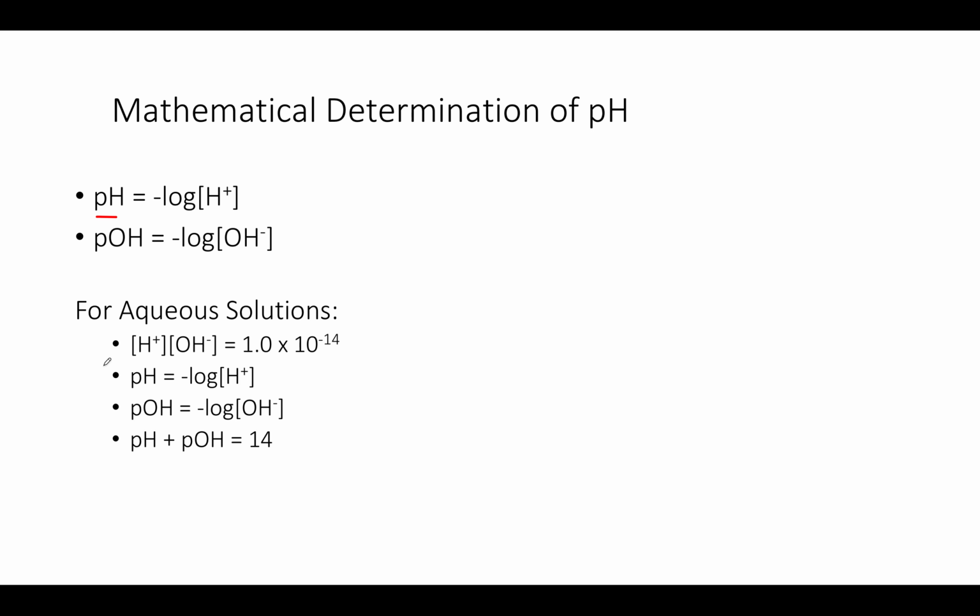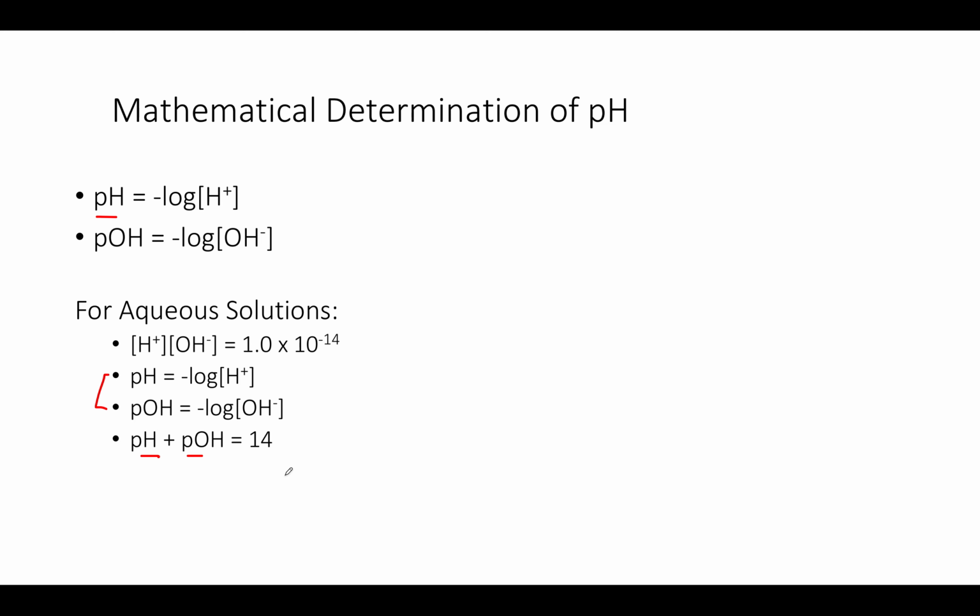Now, for aqueous solutions, there's a couple of things that we can state. Like I said, the pH equals the negative log of the hydrogen ion concentration, and the pOH equals the negative log of the hydroxide ion concentration. It can also be said that the pH plus the pOH equals 14 in an aqueous solution.